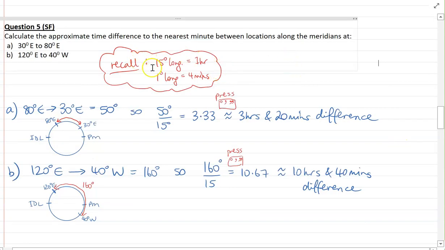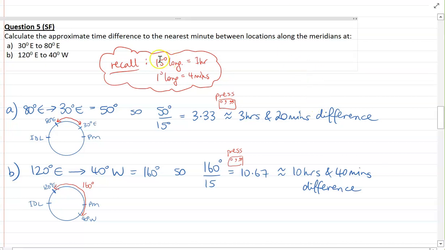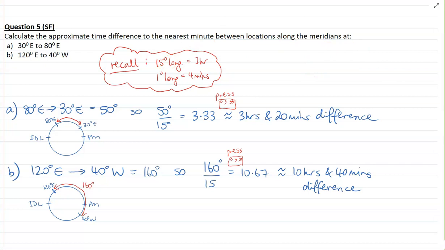Okay, so hopefully you recall that any difference of 15 degrees longitude is equivalent to 1 hour time difference approximately, and 1 degree longitude difference is approximately 4 minutes time difference. Now remember, this isn't really the reality because of time zones that have been set up on the Earth, but this is how you would do this type of question.